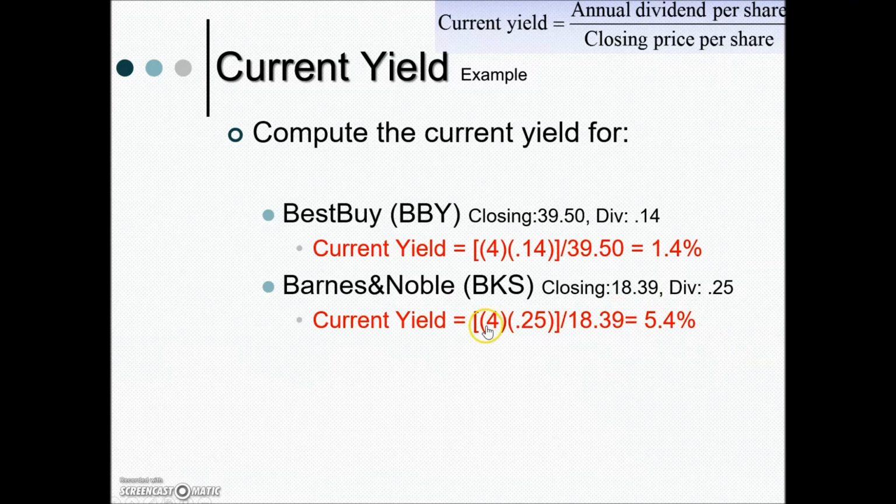We'll calculate the annual dividend by taking that dividend value from the table, multiplying it by 4 because it's quarterly, and dividing it by the closing price to give us a yield or return on investment by buying a share of 5.4%. So from an investment standpoint, Barnes & Noble looks much better because of this ratio of dividend to price per share.